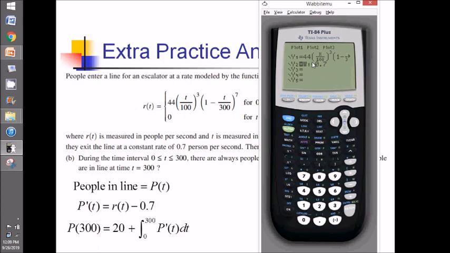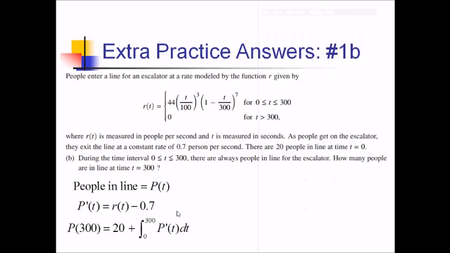It's a small difference, but now I don't have to keep plugging that in. Let me do 20 plus the integral, so math 9, 0 to 300. Then I'll do alpha trace y2 to pull up that p prime function, and then dx. And so that's going to be 80 people. There are 80 people at the end of 300 seconds.